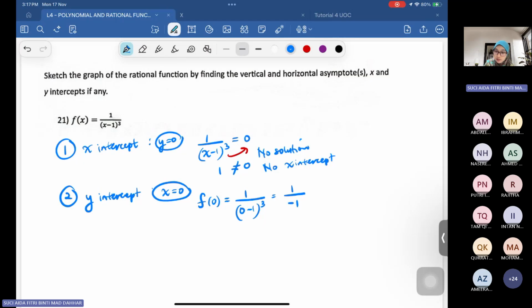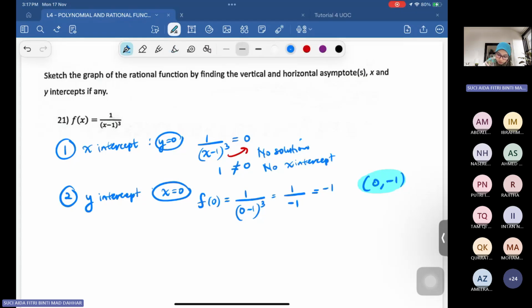So 1 divided by negative 1 is going to be negative 1. So you will have the y-intercept at y equals -1. So you have to cut this point. The x is 0, the y is negative 1. Okay, so remember later when we sketch the graph, make sure we cut y at negative 1. Okay, so we got our intercept.